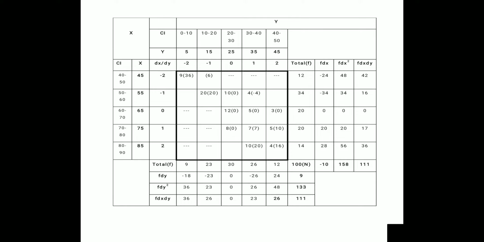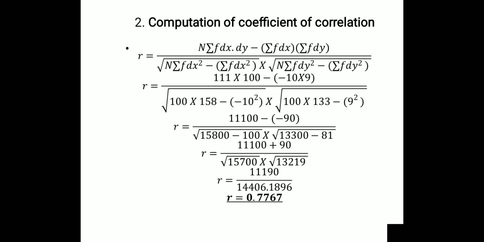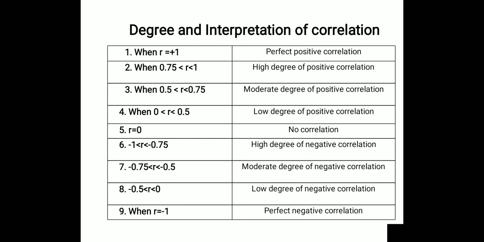Okay, when we substitute all these values into the equation, we will arrive at the coefficient of correlation. We should substitute the values in the above formula, and we will arrive at r is equal to 0.7767. So this will be the value of correlation.